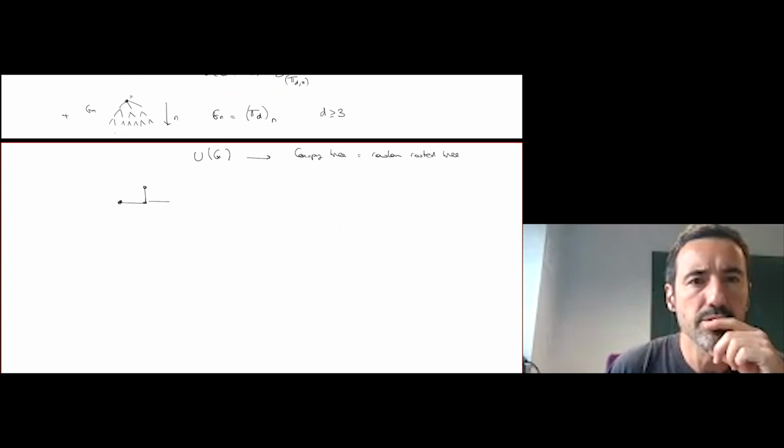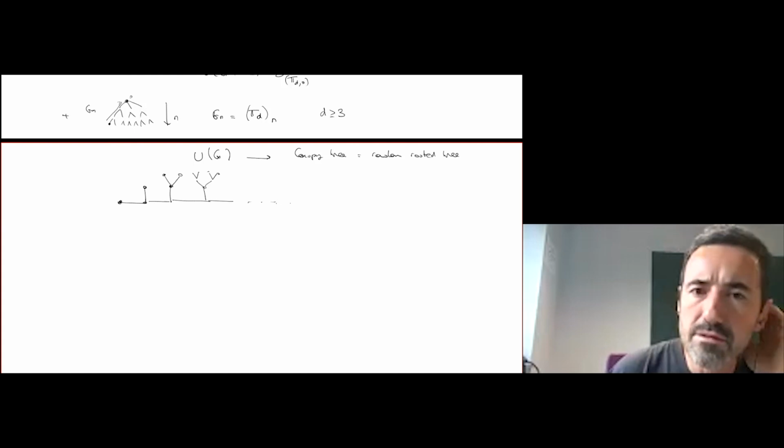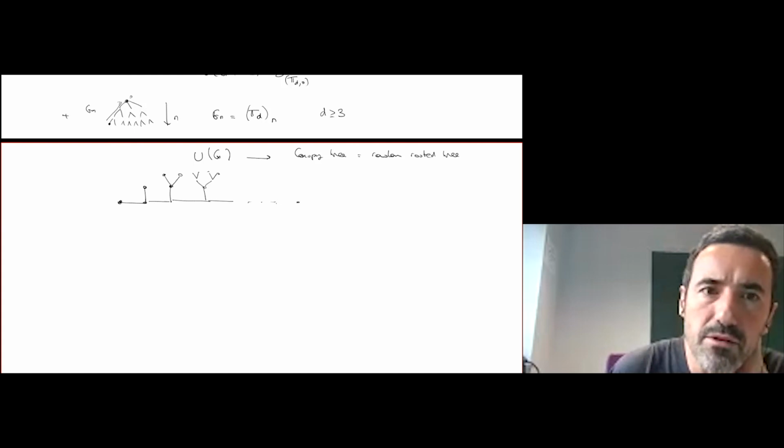I make a picture of this tree seen from the leaf. So what I see is something like that, and so on.